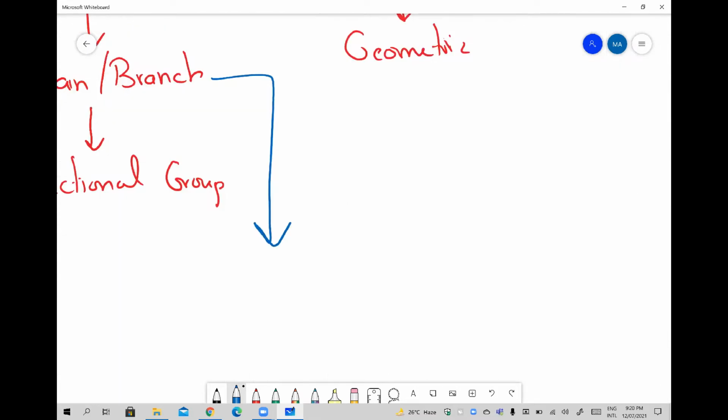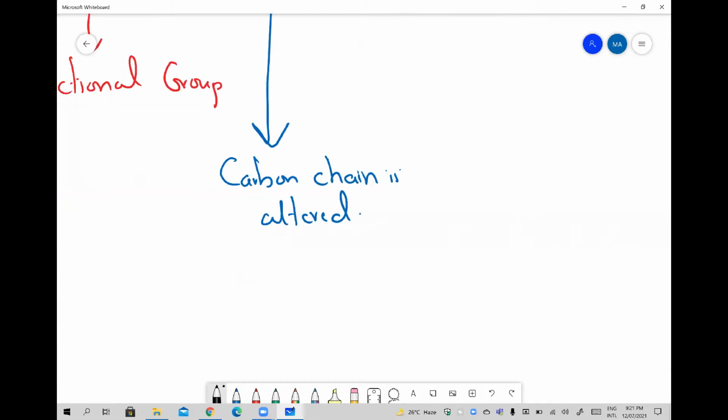Chain or branch isomers are all those where a carbon chain is altered. For example, take 5 carbons here, and let's say we add another carbon, and now this carbon is attached on the 3rd carbon here, so the carbon chain is broken.